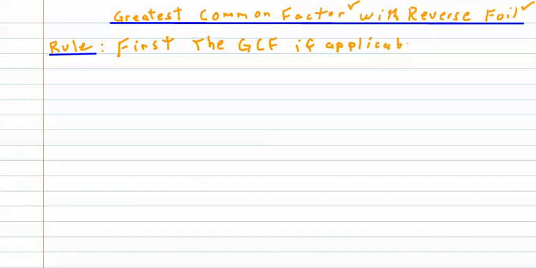It's not always the case. All the problems you did yesterday involved just reverse FOIL. But oftentimes we have problems that have both. So always look for GCF. It won't always be there, but look.